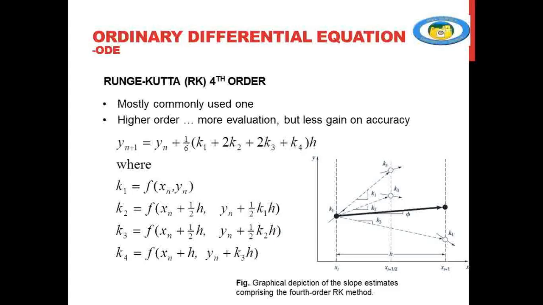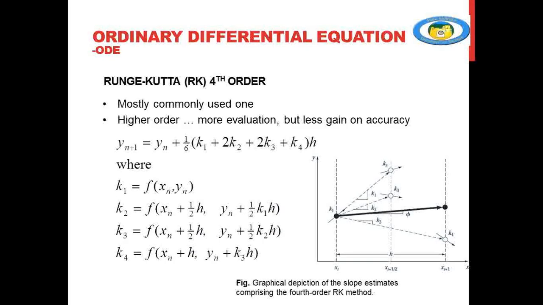So the slope shall give you K3. Using this slope of K3, again, we start from the initial point and elongate the line with a slope of K3 until we meet at a point along the y-axis at xi plus 1. And then estimate the slope there. So that should give you slope K4.